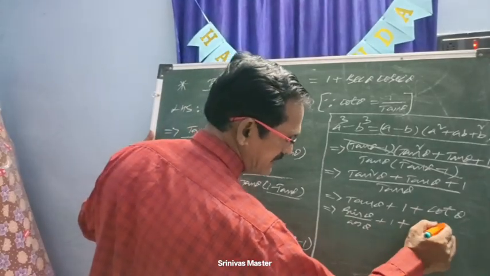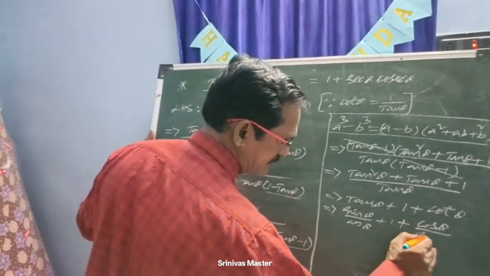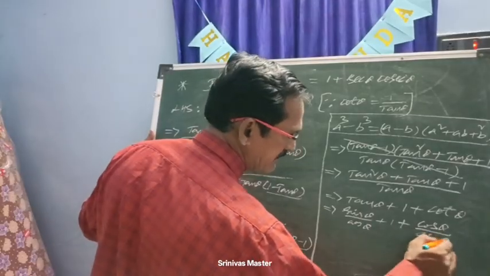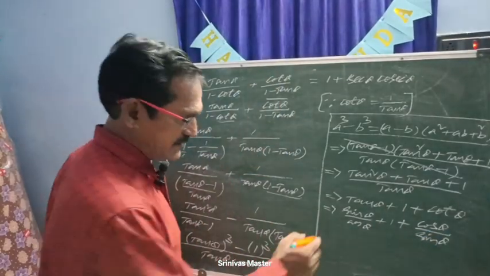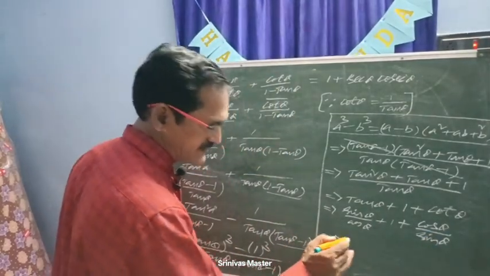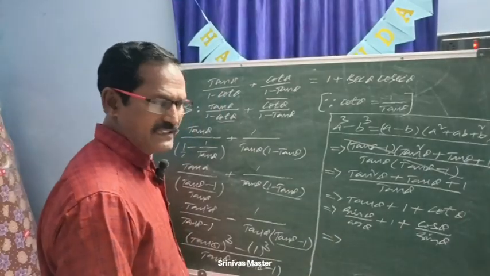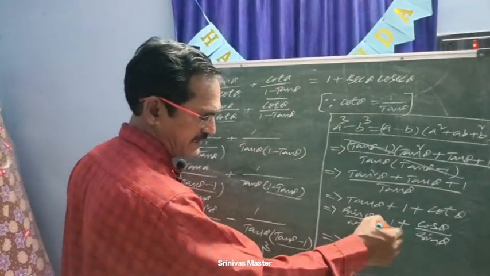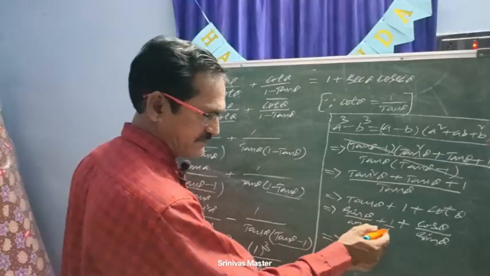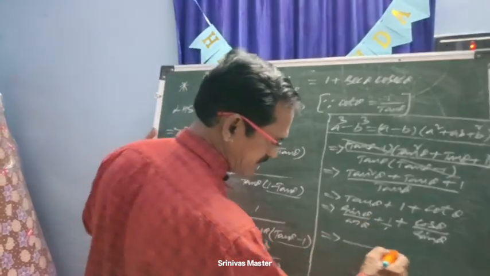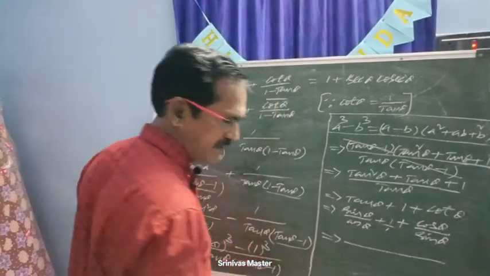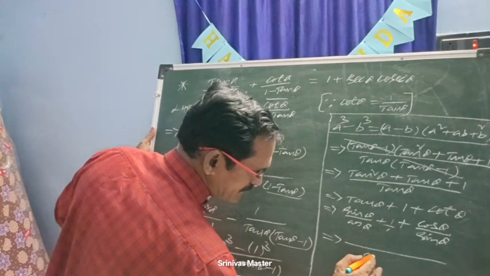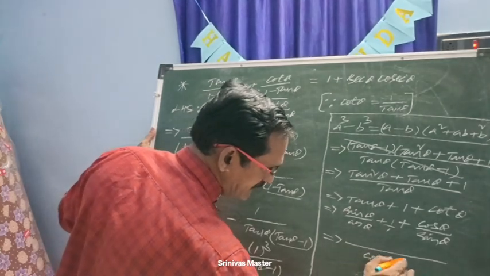Cot theta can be written as cos theta by sin theta. Now see children, according to this result, first you can take the LCM. Just you can take 1 cos theta, 1 sin theta. All are different, no? Then when you multiply all the three terms, what will become now? Cos theta, sin theta.